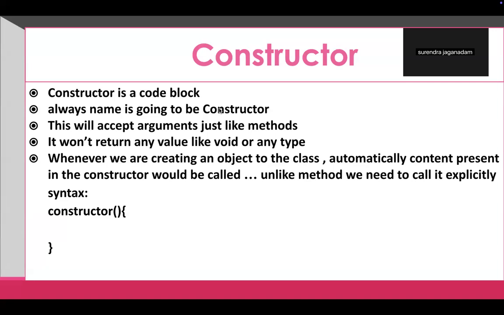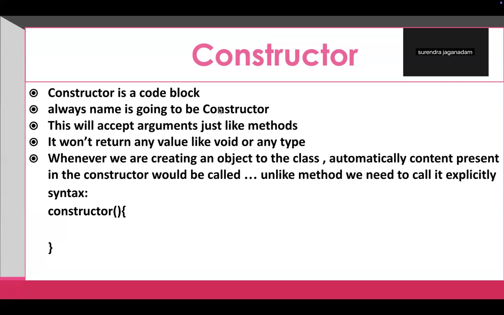Another thing is that whenever you create an object of that class, the constructor is automatically called and executed. Which means if you create a method within a class, you need to call it explicitly, whereas for a constructor, you don't need to call it explicitly. Automatically, the code present in the constructor is called.